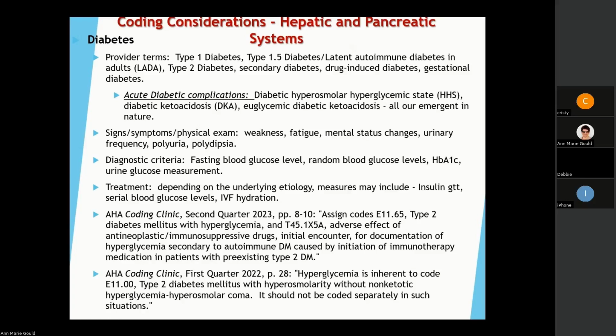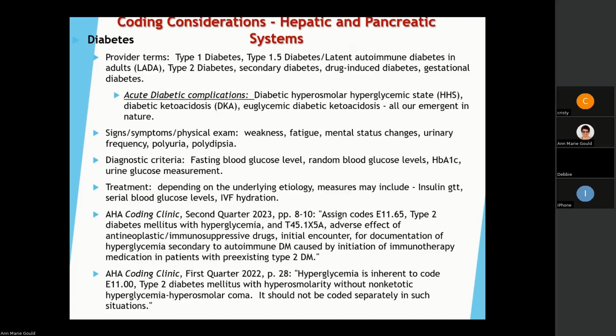And I did see one euglycemic DKA. As a matter of fact, I reviewed that record last week. So it can happen. And definitely they're starting insulin drips, or they're taking care of that patient very quickly and doing hourly sugar checks. Sometimes they even do every 30-minute sugar checks at the bedside, and they're usually in ICU to keep an eye on them because they can develop other problems.